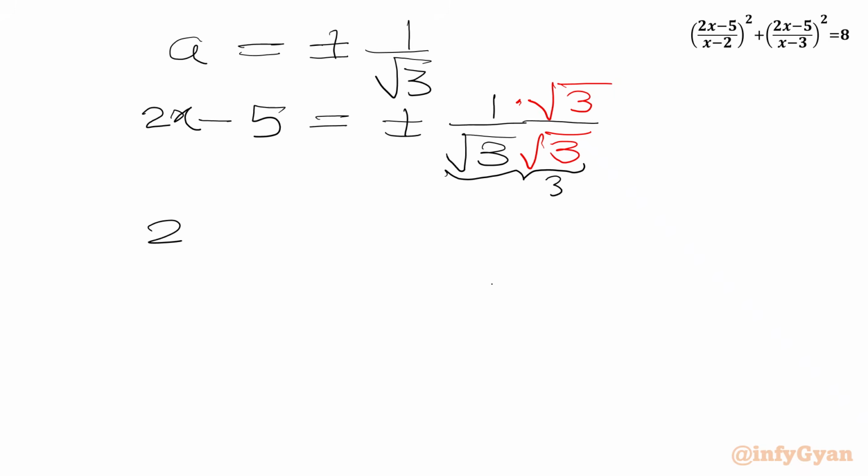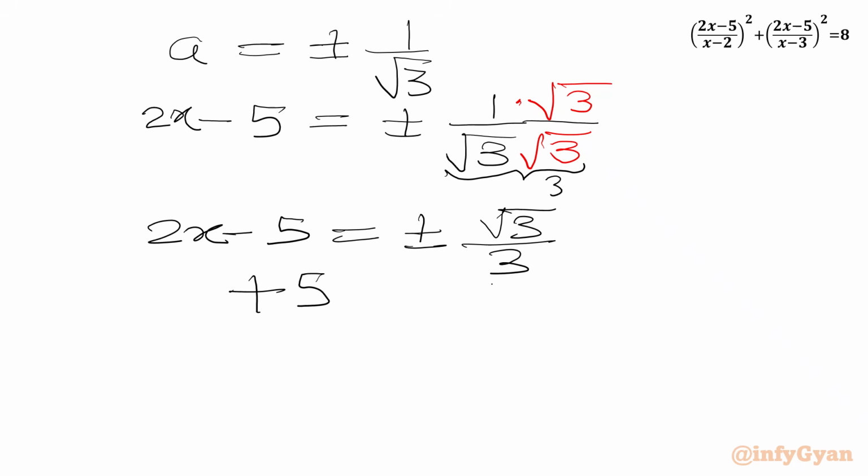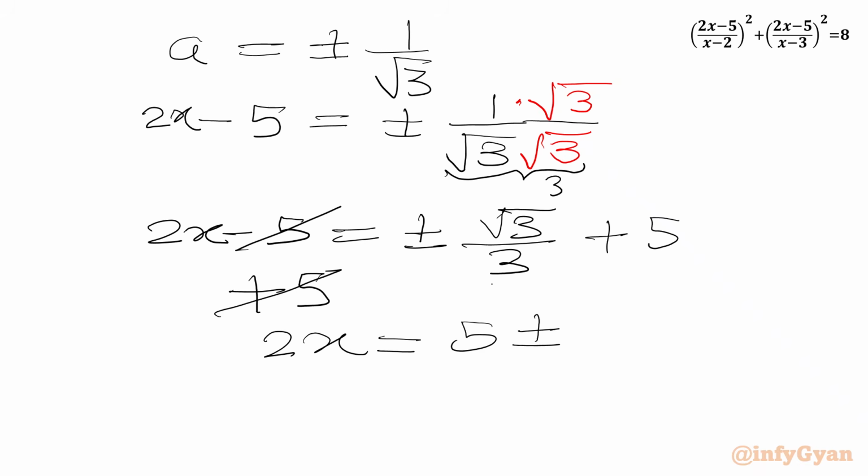So we can write 2x minus 5 equal to plus minus square root 3 over 3. Now we will add 5 to both sides. So plus 5 and minus 5 will get cancelled out from LHS. We will write 2x will be equal to 5 plus minus square root 3 over 3.